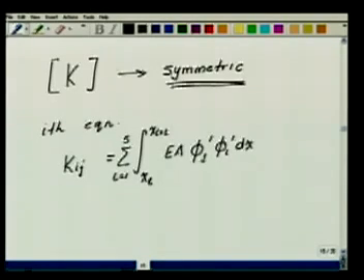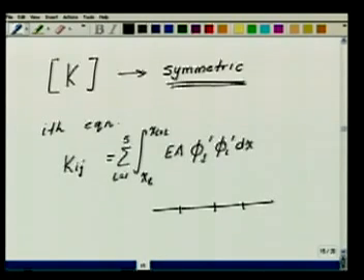Now, one simple question: what are the elements in which phi I is non-zero? If I draw the mesh, I will not draw the full mesh.